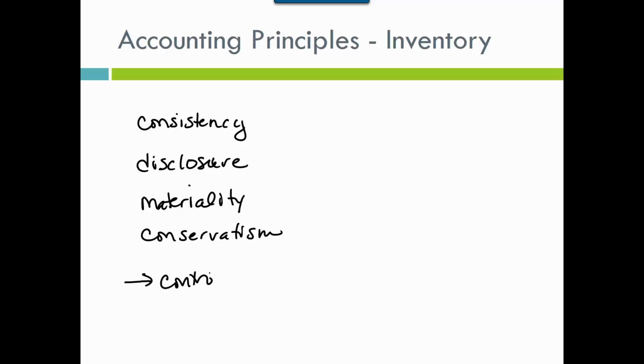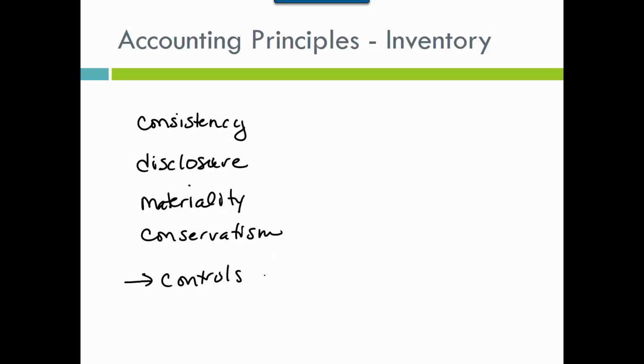I also need to have controls in place. Inventory is a big asset for a merchandiser, often probably the biggest one. So you need to protect your inventory the same way you would protect your cash, for example. And in Chapter 8, we're going to talk about some more controls in here.